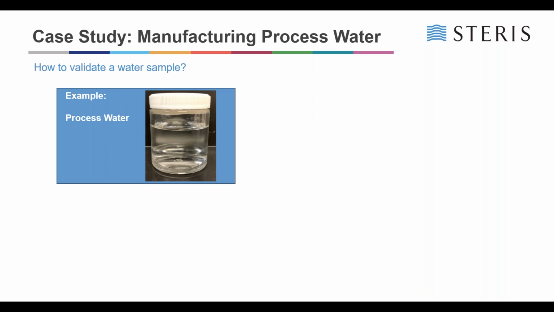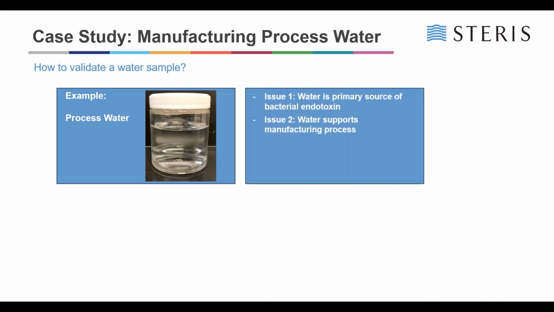Our final case study here is to detail a little bit on manufacturing process water. So process water is taken from a manufacturing process that supports the production, as bacterial endotoxins like to be in water.